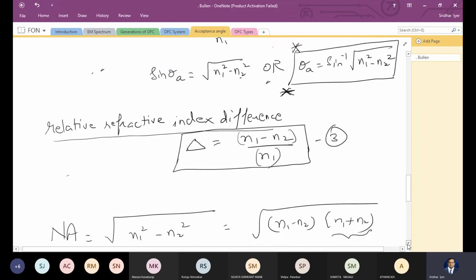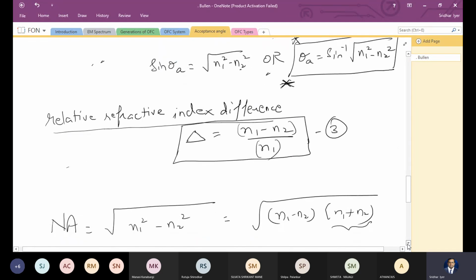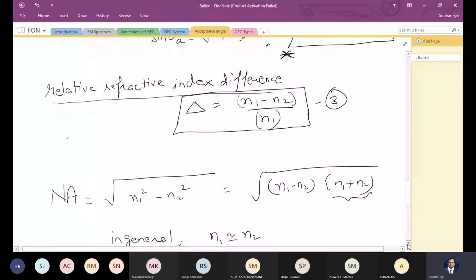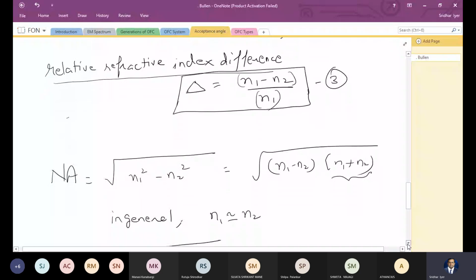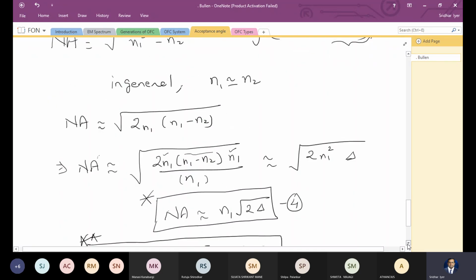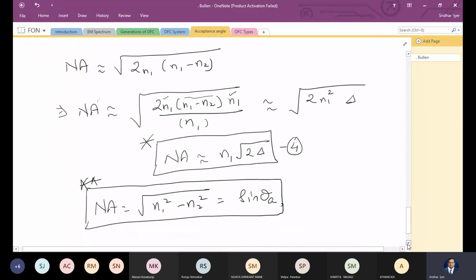Then we introduced the relative refractive index difference as specified by equation 3, and we made an approximation there because n1 and n2 are close to each other. And then finally we are able to derive in equation 4 an alternate equation for NA, that is the numerical aperture, which is the light gathering capacity of a fiber.